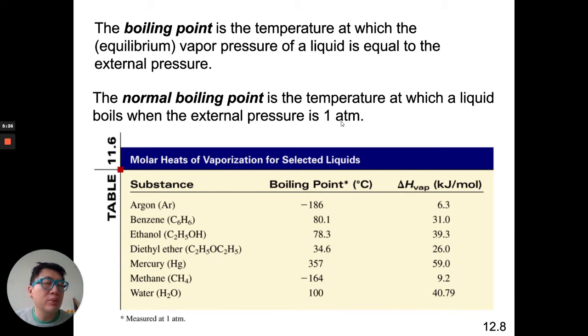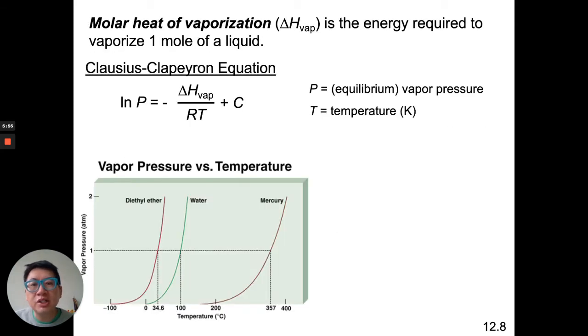But we could be boiling water not on the surface of the earth. We could be boiling water at different pressures. But we're talking about the surface of the earth. On the surface of the earth, the pressure is 1 atmosphere. So what does that mean? Let me go back to the slide with the picture of equilibrium vapor pressure.